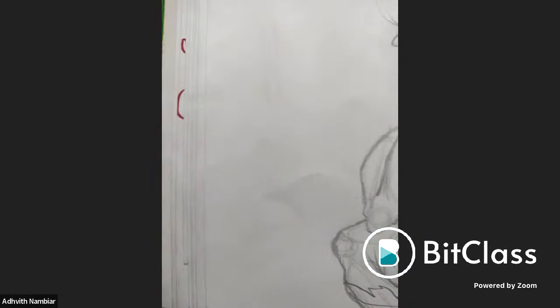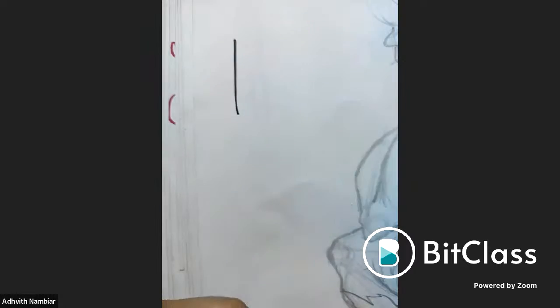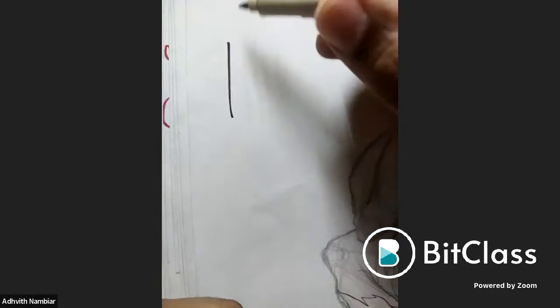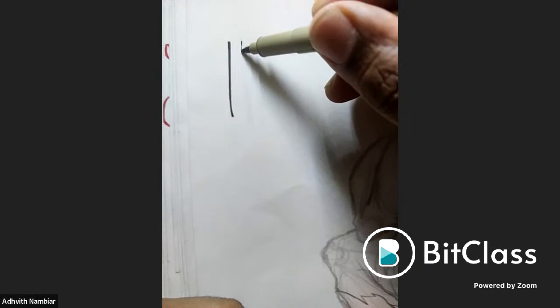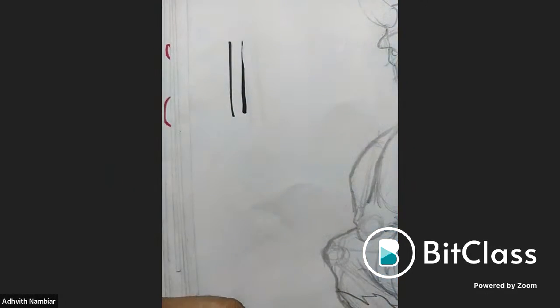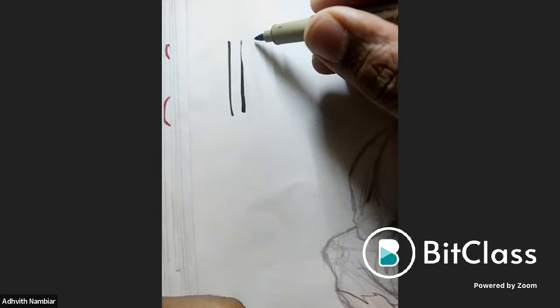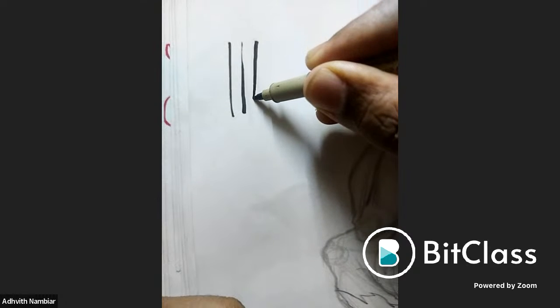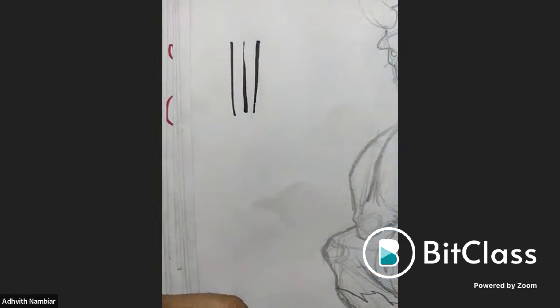Now, this is a normal line, right? What I want you to do is go either from thin to thick, or thick, which means lots of pressure, and then release pressure slowly like that.